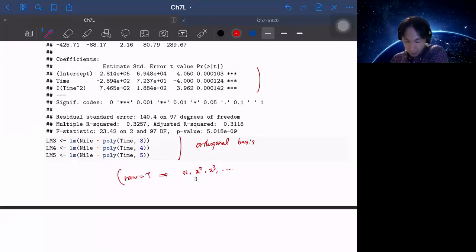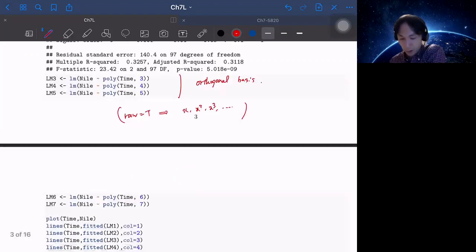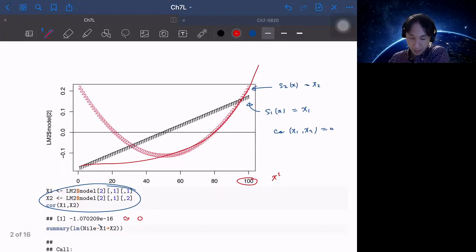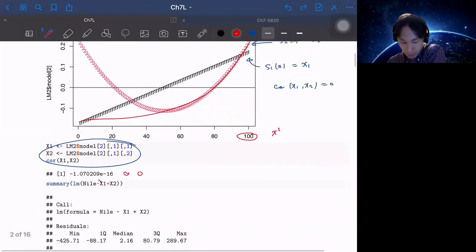But we don't specify this, so the polynomial means the polynomial with orthogonal basis. It's similar to this case. So the red curve and the black line have basically 0 correlation.